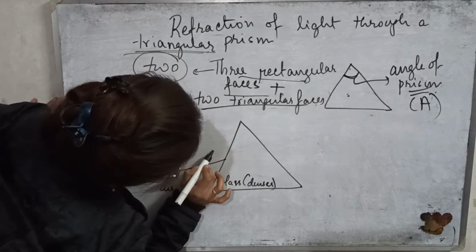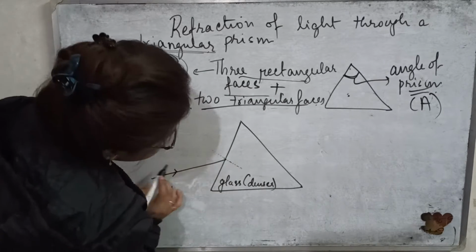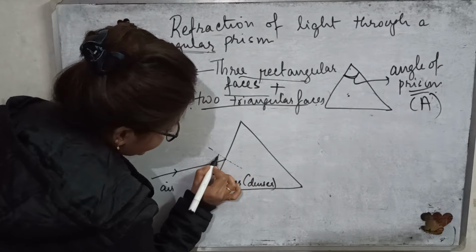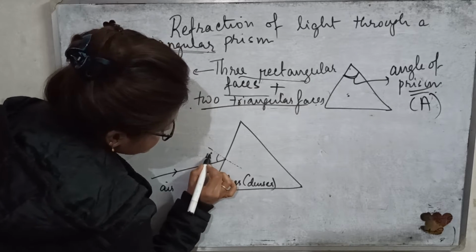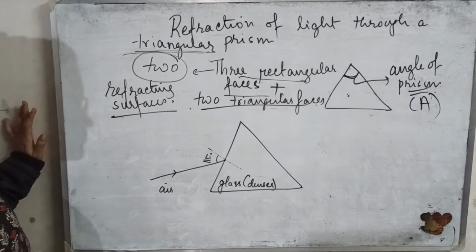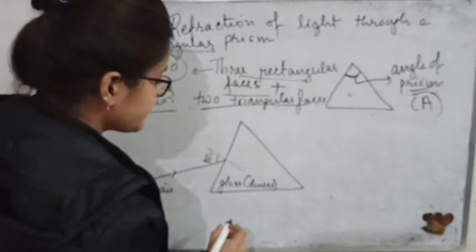Now if you draw a normal, the angle that the incident light ray makes is the angle of incidence.